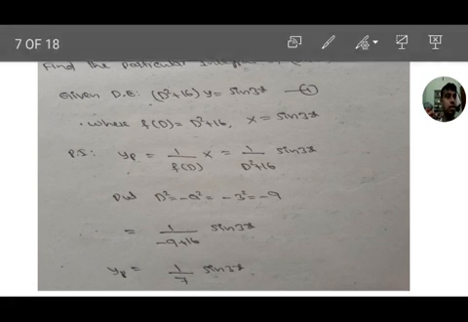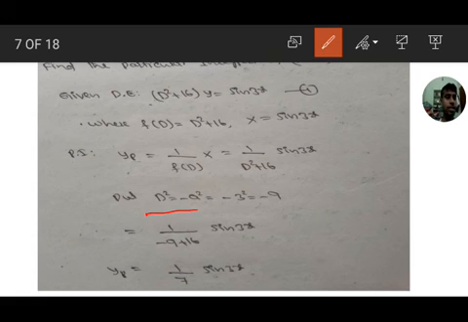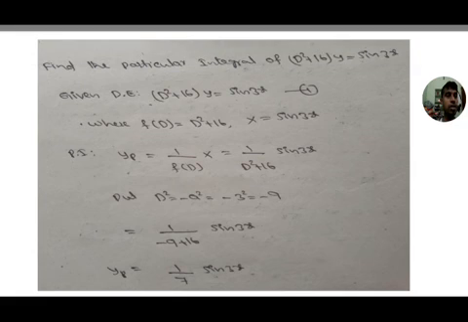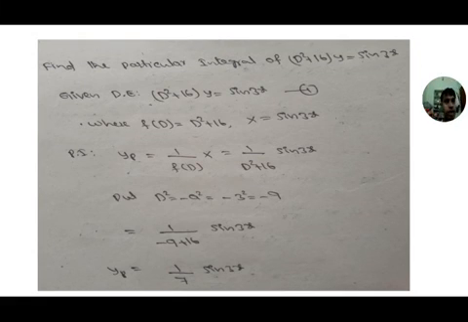Here in this method, mainly D square equal to minus a square, denominator is not equal to 0. So that is the answer. If the denominator is 0, we will use two formulas, that is the sin ax formula and the cos ax formula.